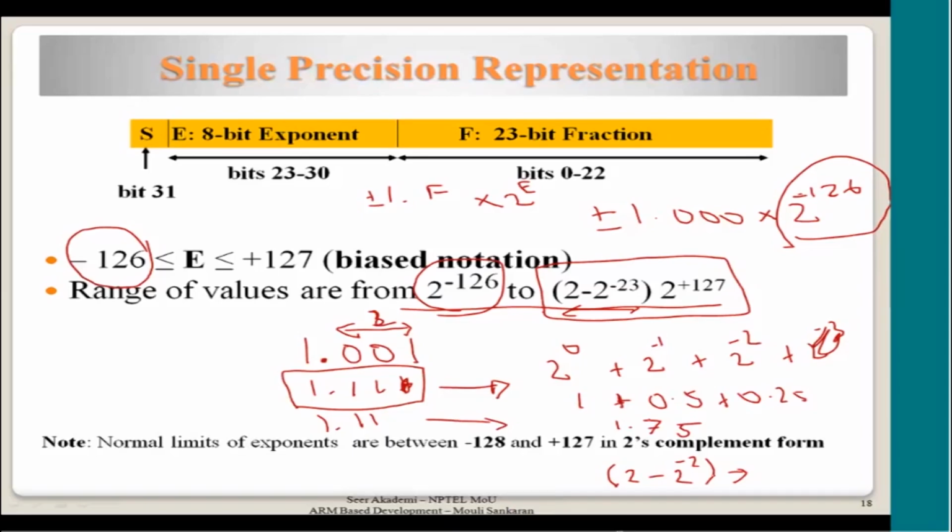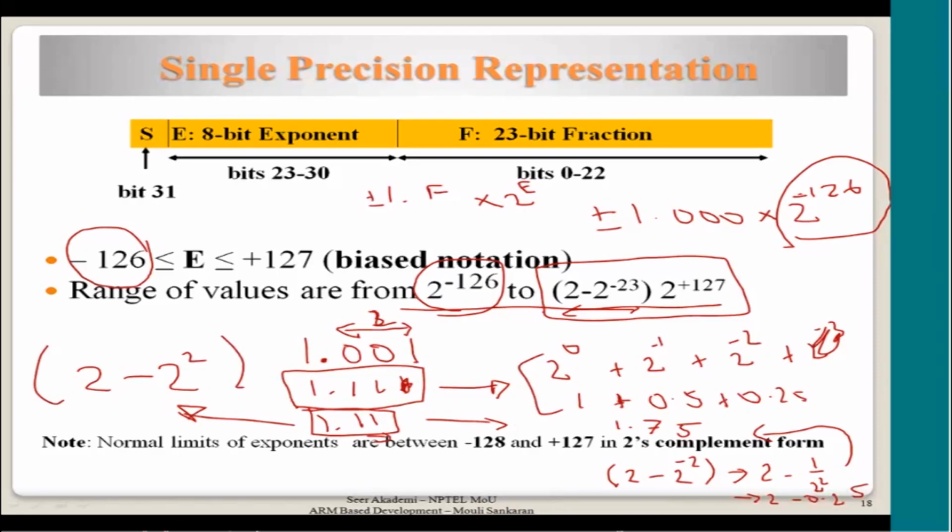Now this corresponds to what? 2 minus 1 by 2 square, that is 2 minus 0.25, which is nothing but 1.75. So any number represented as 1.11 can be represented by 2 minus 2 power minus 2 if it happens to be 2 bits, right? You agree? I proved it.